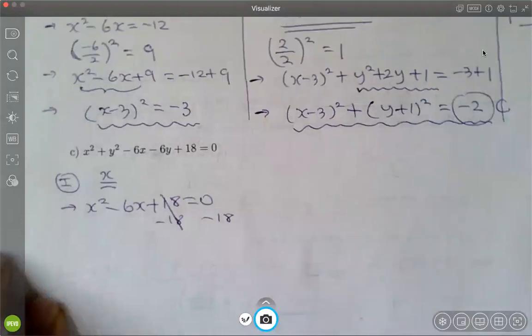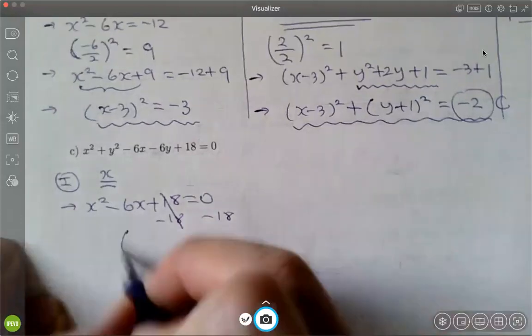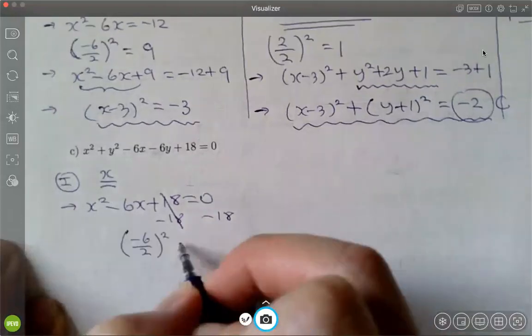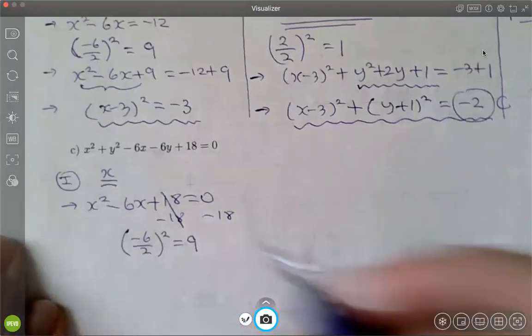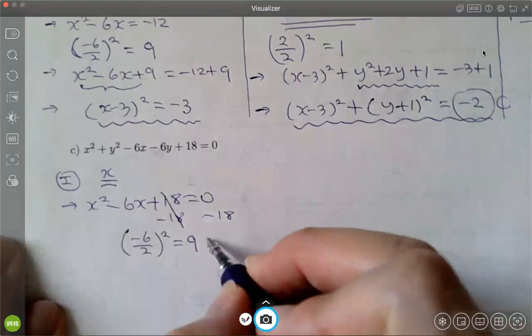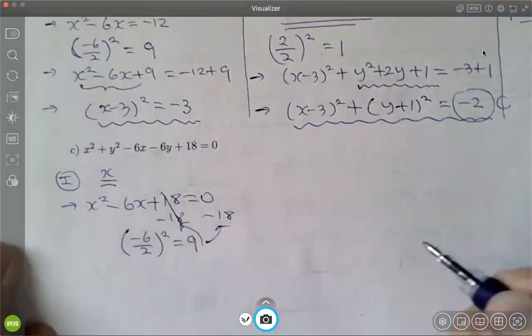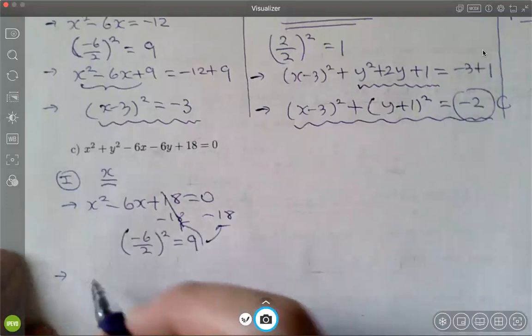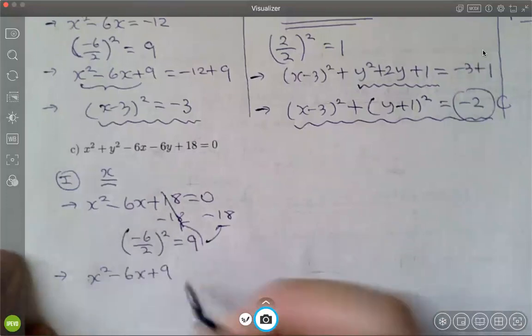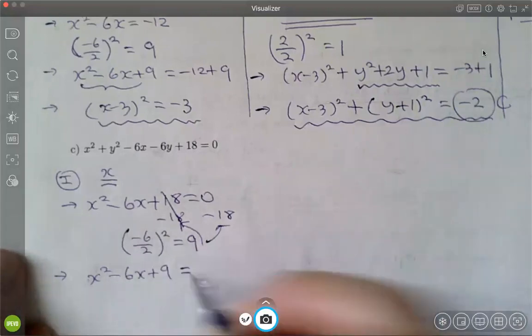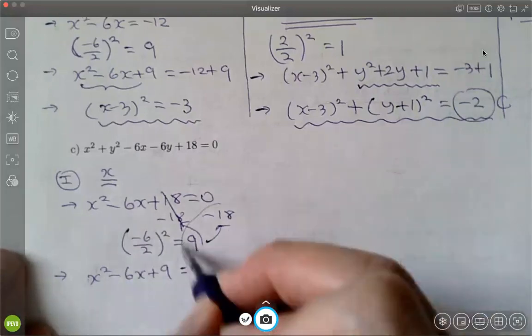Okay, and then we do negative 6 over 2 squared, and that's equal to positive 9, right? And we add it to each side. So what do we get? X squared minus 6x plus 9 is equal to negative 18 plus 9, right?